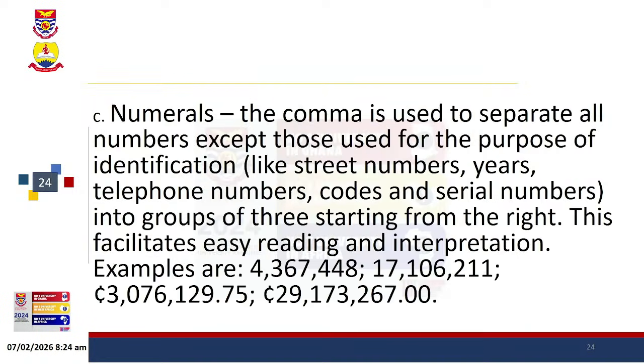The next use has to do with numerals. The comma is used to separate all numbers except those used for the purpose of identification, like street numbers, years, telephone numbers, codes, serial numbers, into groups of 3 starting from the right.